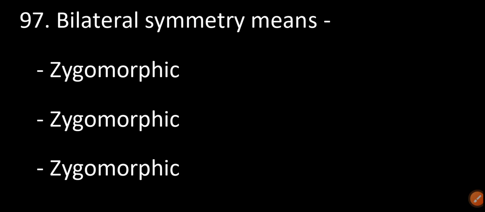Bilateral symmetry means zygomorphic. Actinomorphic examples: mustard, datura, chili.